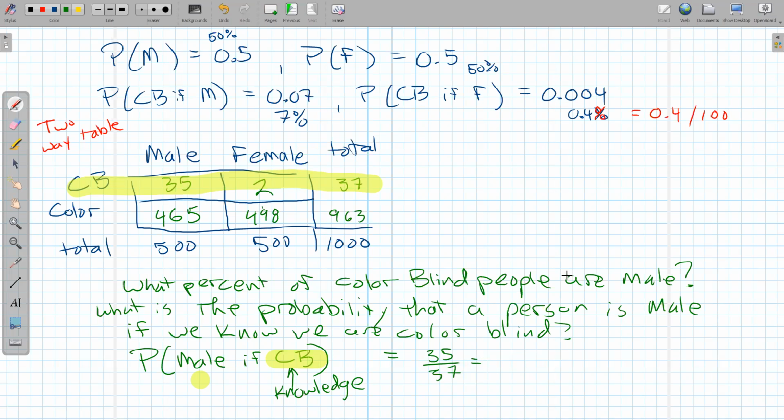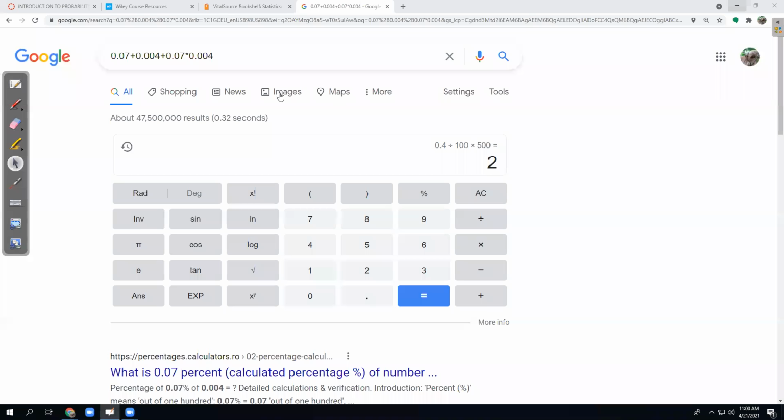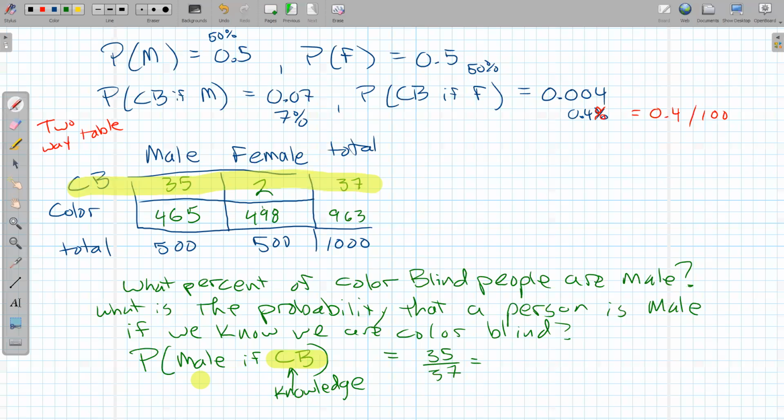Whatever 35 over 37 is, let's use a calculator to get a percent, because everything else is percents. 35 out of 37 gives me, to 3 decimal places, 0.946. And I rounded there, so I'm going to use a wavy equals, and 0.946 is really 94.6%.